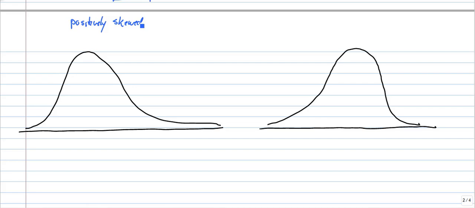Positively skewed. Now what we can see here, we've got maybe some really positive values out here someplace that are stretching this distribution out. Some extreme positive numbers or some extreme positive observations that then cause us not to be normally distributed.